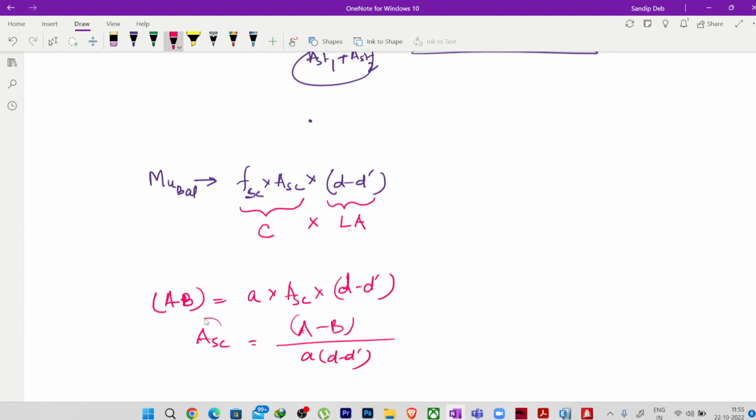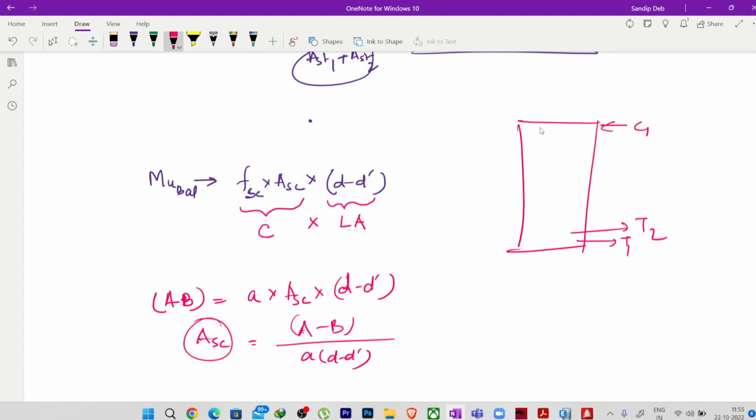Now once you get the ASC, what is our concept? That T1, T2, C1 is taken by concrete and C2 is taken by steel. Okay, so that means here T1 multiplied by lever arm equals C1 multiplied by lever arm. Then only we can get the tension compression couple.